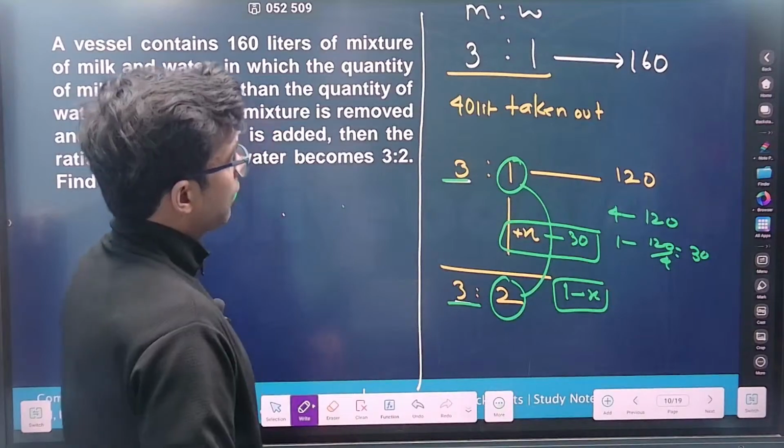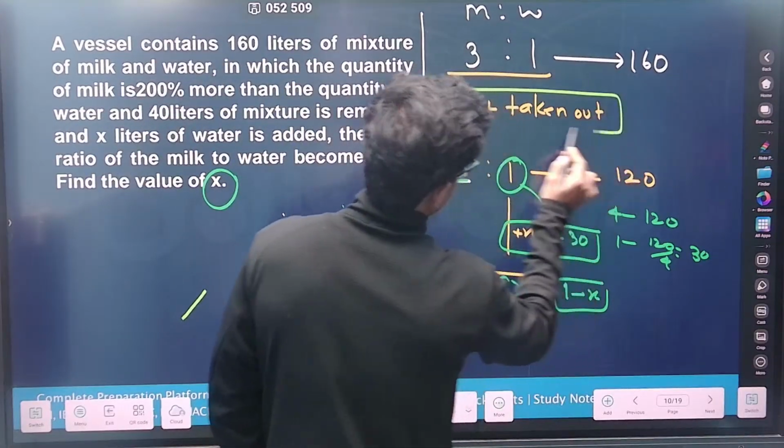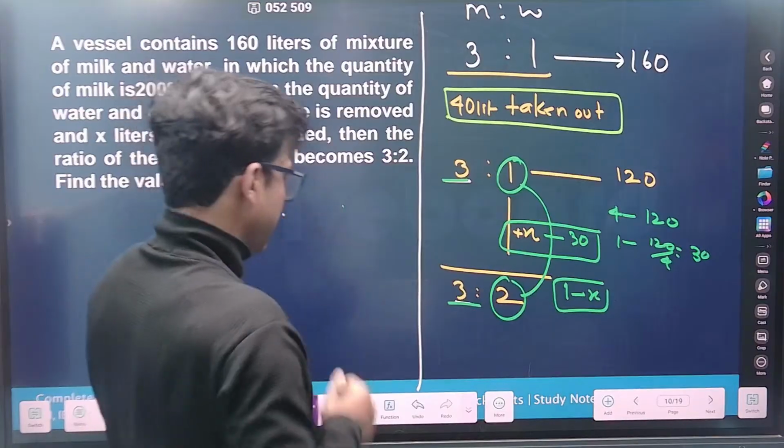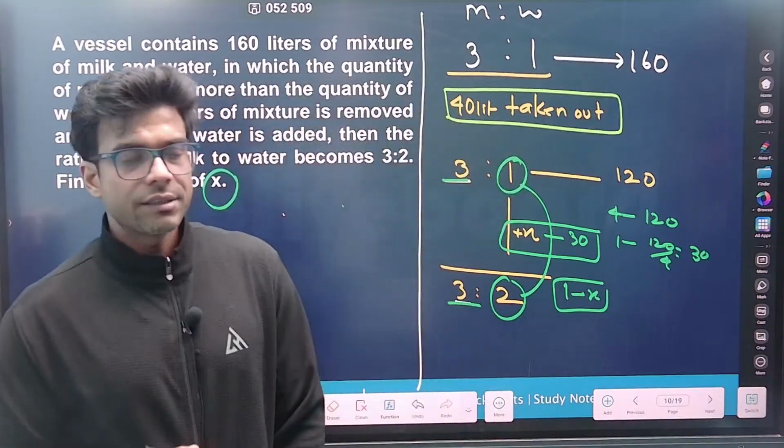Is it clear to everybody? Is this diagram clear to everyone? Please comment, guys. Is it clear to everyone?